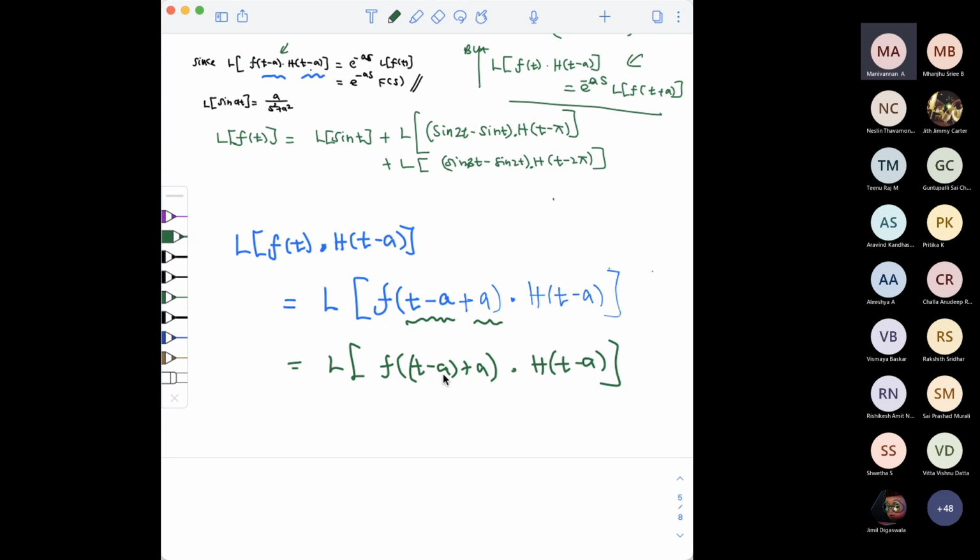This e to the minus as, if I'm going to take it out, or if I compare this result, the Laplace transform of this a, if I am taking out e raised to the power minus as, remaining is the Laplace transform of f of s plus a, right?